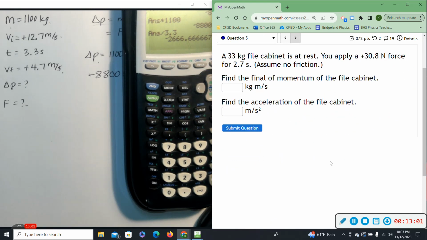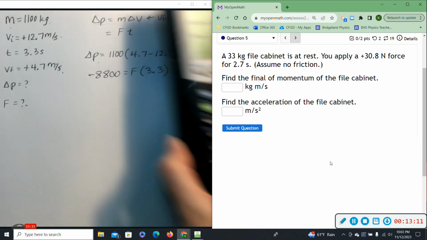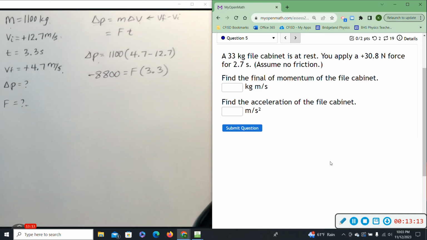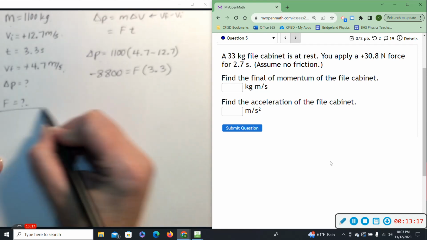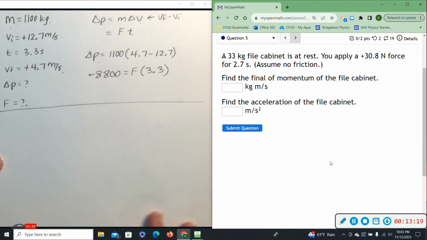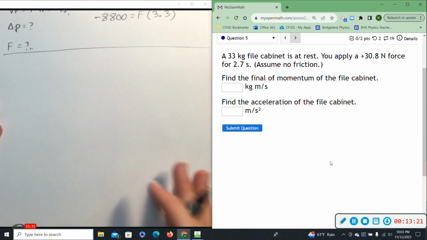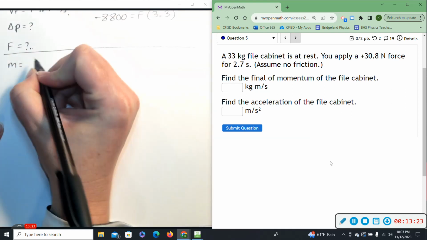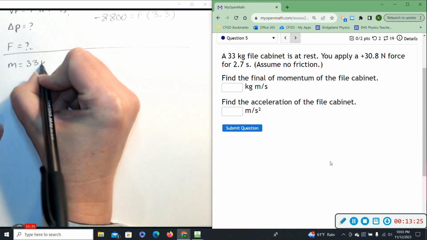Question number 5. A 33 kilogram file cabinet is at rest. You apply a 30.8 Newton force for 2.7 seconds. Assume no friction. Find the final momentum of the file cabinet and find the acceleration. Okay, so again, we're going to start by labeling the information that we have. So we know that we have a mass of 33 kilograms.